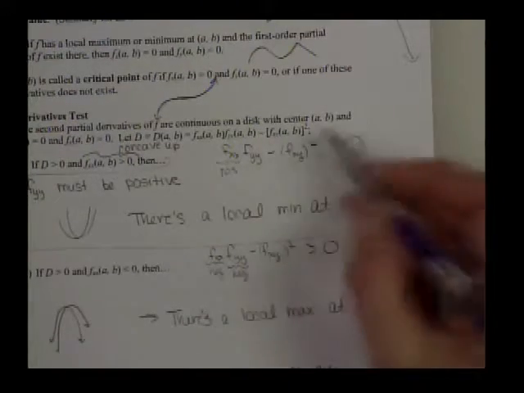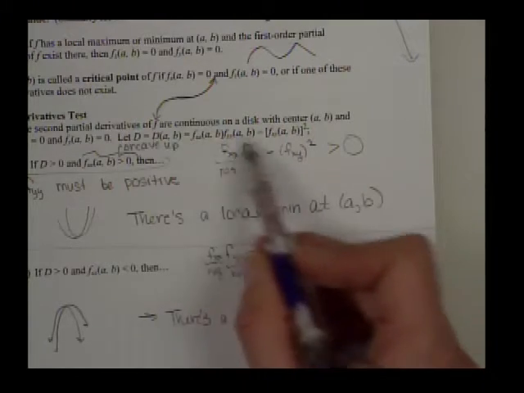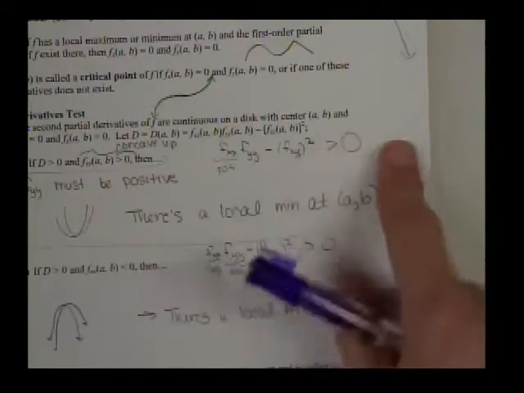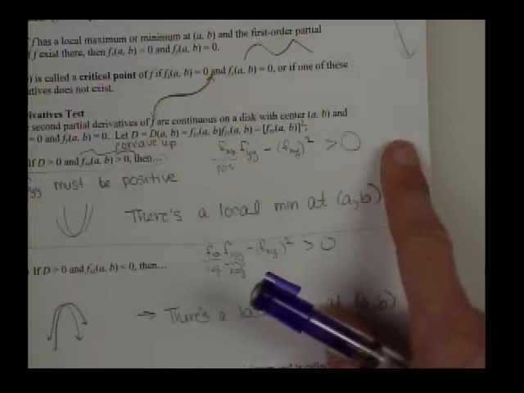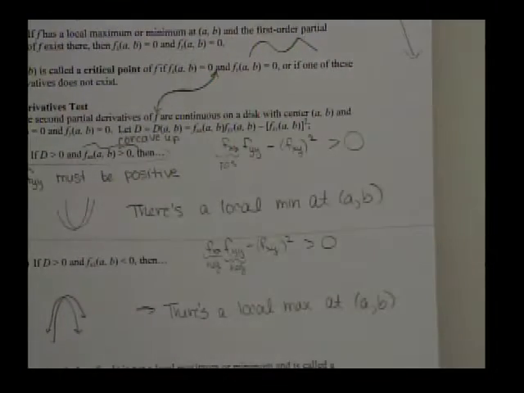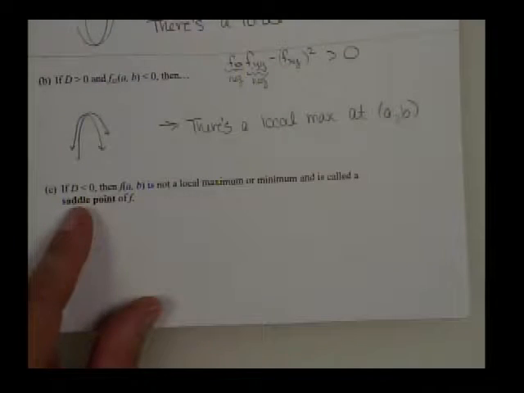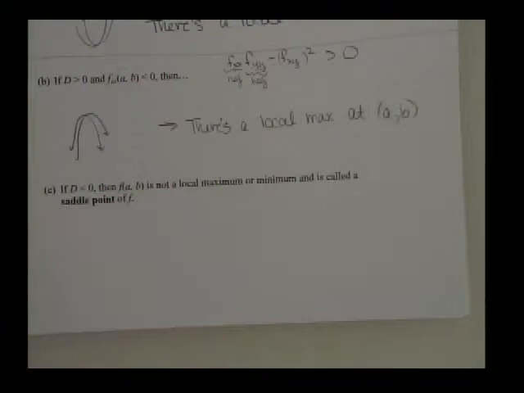I know the squared part has to be positive, but I could still have these multiplied together be positive, subtract a number, and get a negative answer, right? 4 minus 7: they're both positive, but my answer is negative. So we're not going to prove anything about signs here, but pretty much always when this happens, that means one of them is positive and one of them is negative. That doesn't follow straight from just algebra, but it takes a little more than that, and we're not going to go that deeply into it.